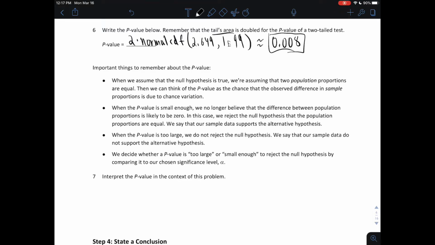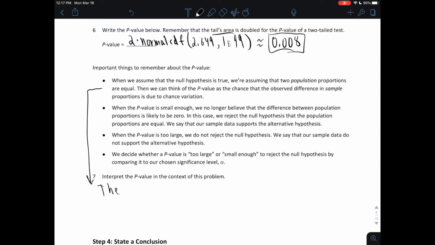Number 7, interpret the p-value in the context of this problem. For this part, we're not looking at talking about the hypotheses yet. We are looking at this first bullet point. We're just stating what this probability means.